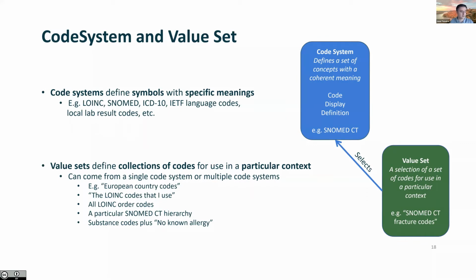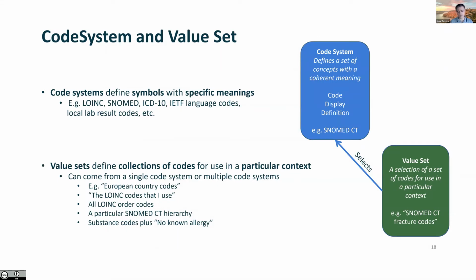This is especially required for big code systems like LOINC and SNOMED. We cannot say this data element is bound by SNOMED, because then it can mean everything. It can mean an observation, an entity, an observable entity, a disease, I don't know which types of concept. It can mean too many things, and then we have too many values there.